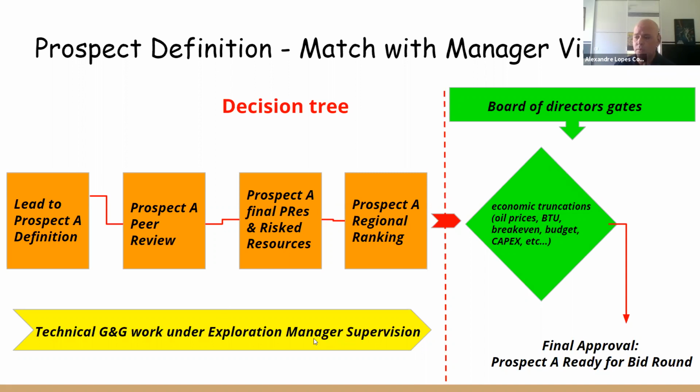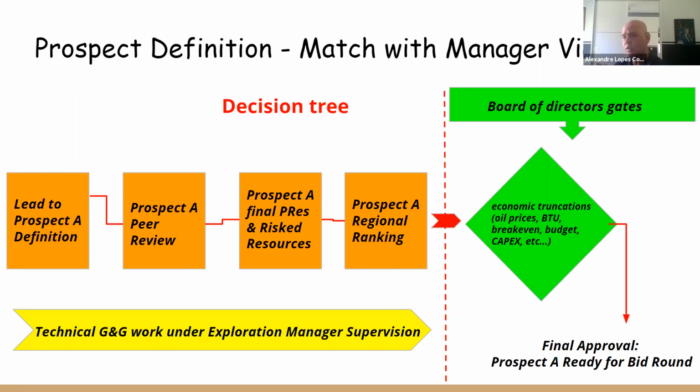And so the manager will take care of all the steps, judge all the steps, control all the steps. Then after approval of your prospect, you will pass through a board of directors gate that takes into account the economic truncation, such as oil prices, the British thermal unit price of gas, break-even, budget, and CAPEX.